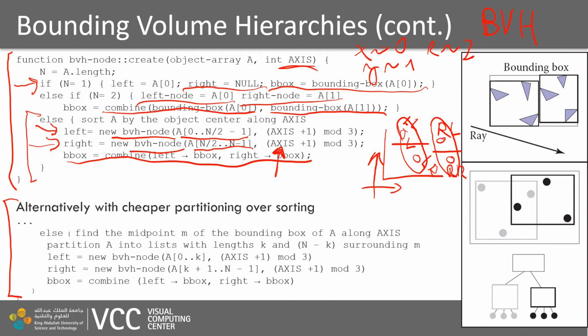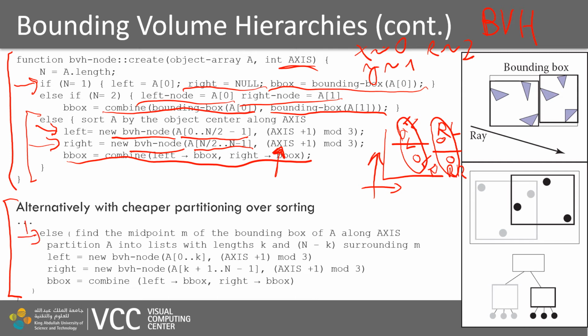Alternatively, we can use another form of partitioning in such a way that we will not be performing any sorting. In the previous case, we had to sort the objects along one axis and then take the first half into one child and the second half into another child. In order to avoid the sorting, what we can simply do is look at the min and max in each dimension.